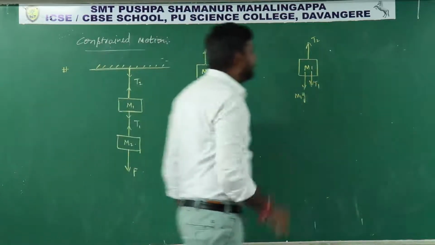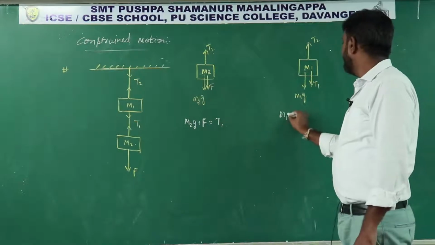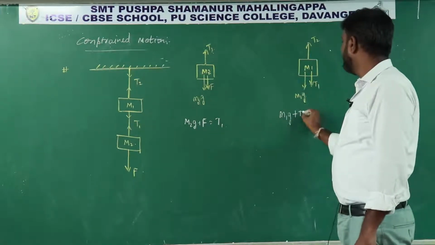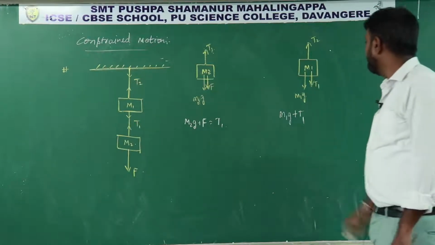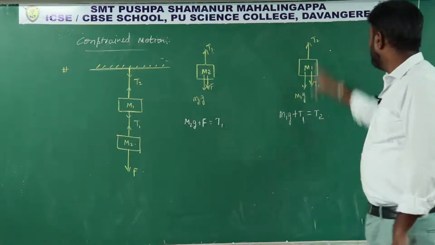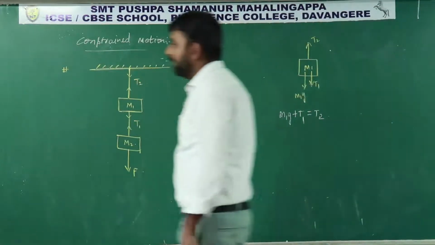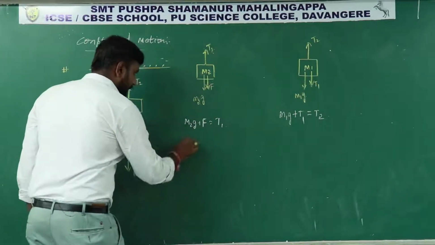So here m1g plus T1 is equal to, you can write it as T2. Then this is the value of T1, right?